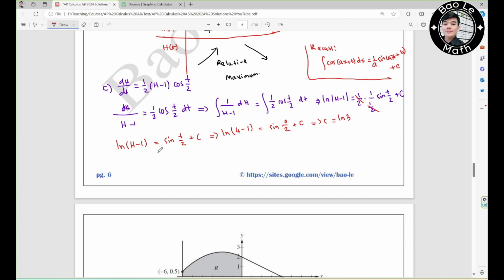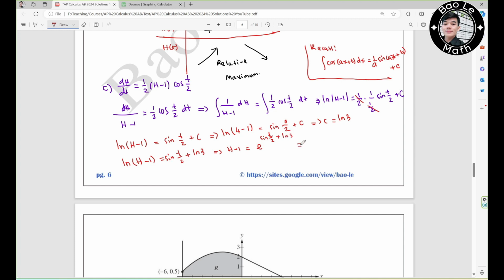Now substitute back, so we have natural log of h minus 1 equals sine t over 2 plus natural log of 3. So h minus 1 equals e to the sine t over 2 plus natural log of 3.